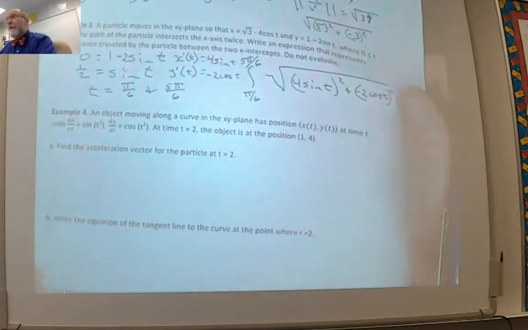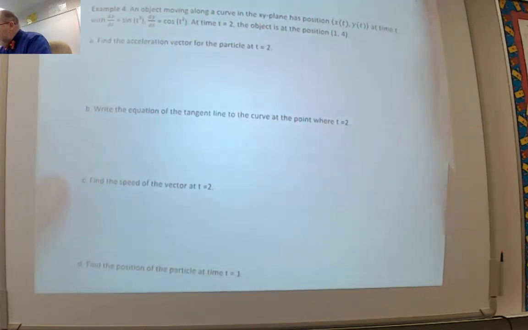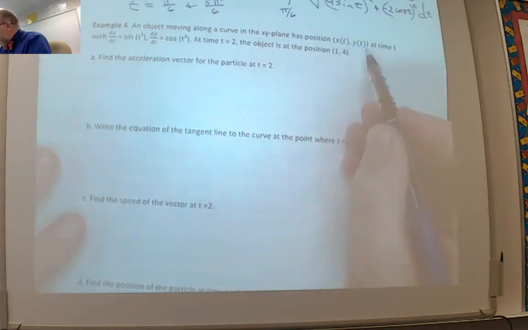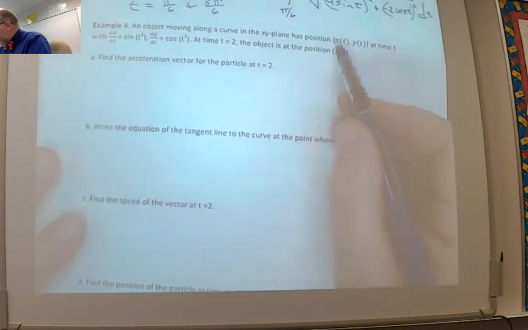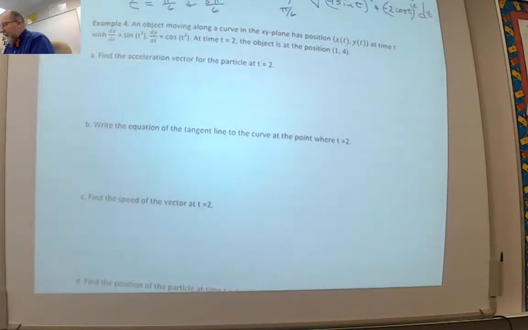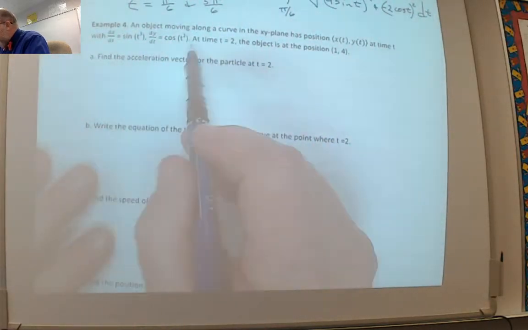All right, example 4. Is that all right that I keep doing the examples? Okay. An object is moving along a curve in the xy plane. Here's the position vector. You know it's a position vector because it has these exaggerated less than and greater than symbols, where the x derivative is this, the y derivative with respect to time is this.